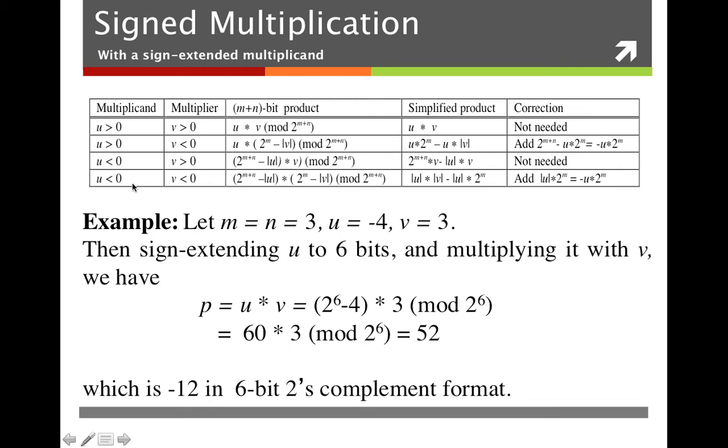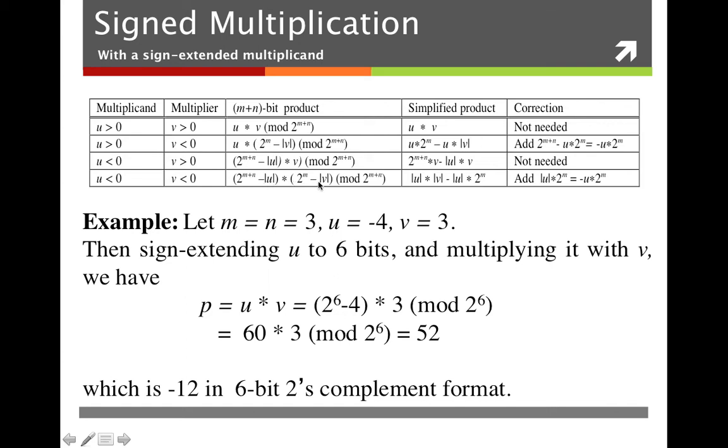In the fourth case, even though we sign extend u, we don't sign extend v. In the end, when you complete the multiplication, this term, which is basically 2 to the m plus n times 2 to the m, will be outside of our range, so we don't have to worry about that. But there is a term that's going to come up through this minus u times 2 to the m, which we have to account for.